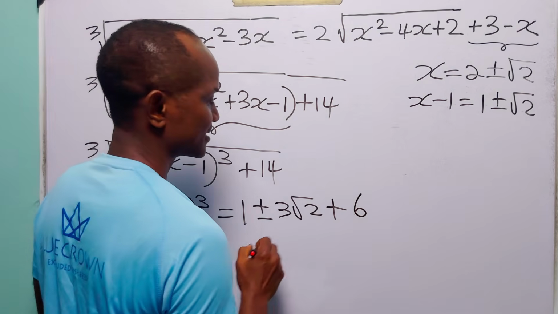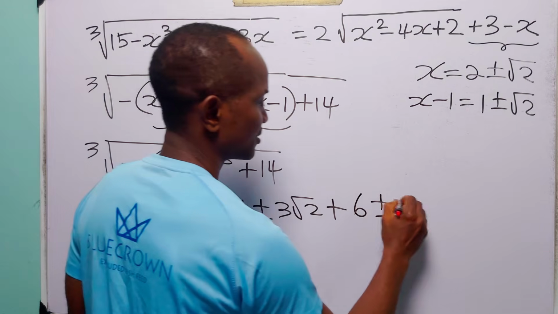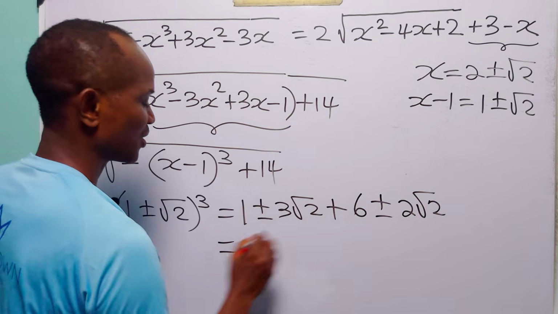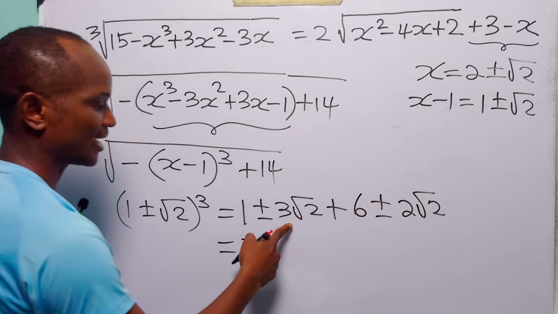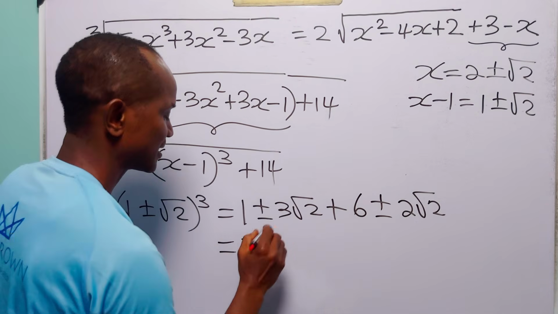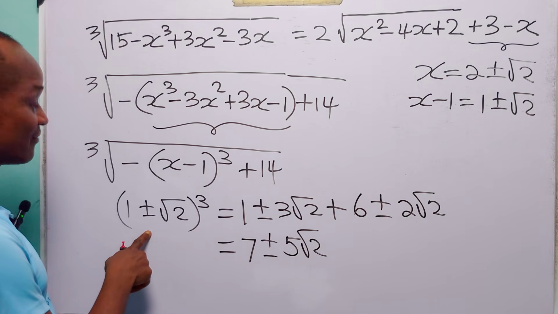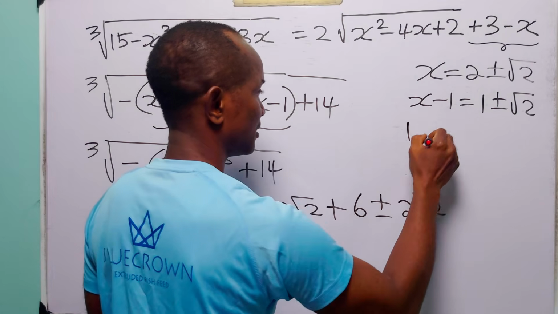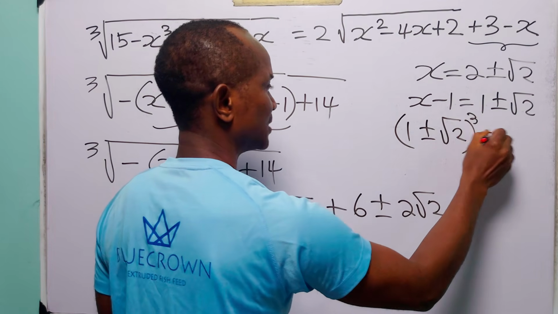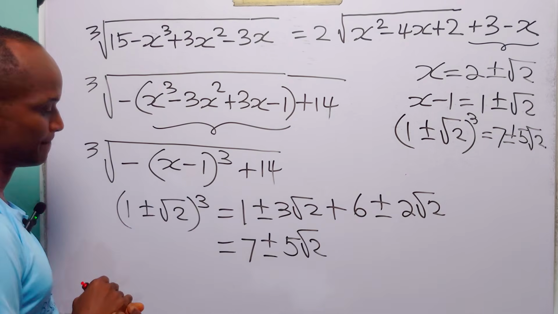That is 6. Plus or minus root 2 cubed. That is 2 root 2. Now here we have 1 plus 6, which is 7. And then we have plus or minus 3 root 2 plus or minus 2 root 2. That is plus or minus 5 root 2. So we have that (1 plus or minus root 2) cubed is equal to 7 plus or minus 5 root 2.